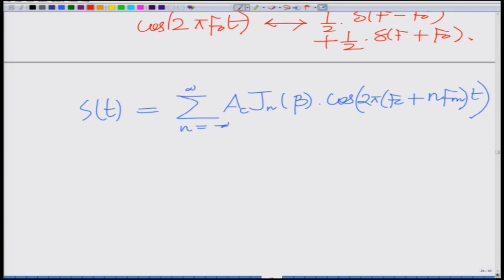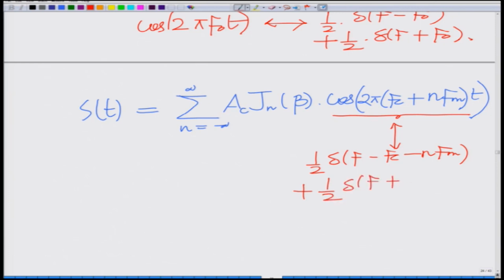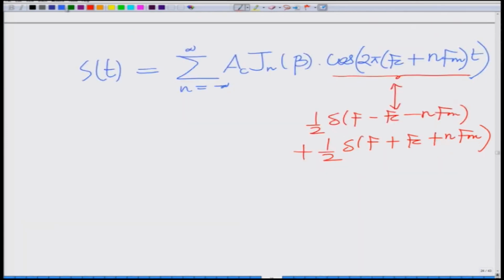Now each of these cosine terms has Fourier transform half delta(f minus f_c minus n f_m) plus half delta(f plus f_c plus n f_m), which implies the Fourier transform of S(t).